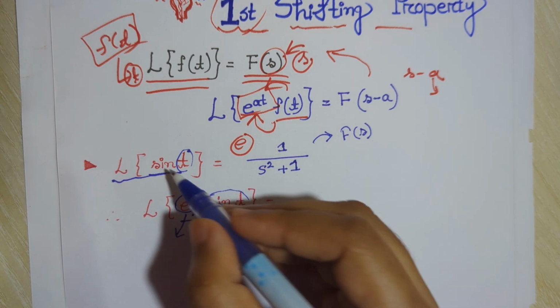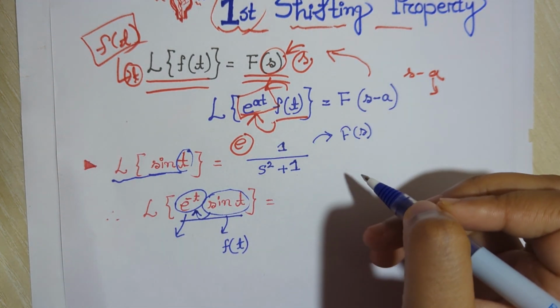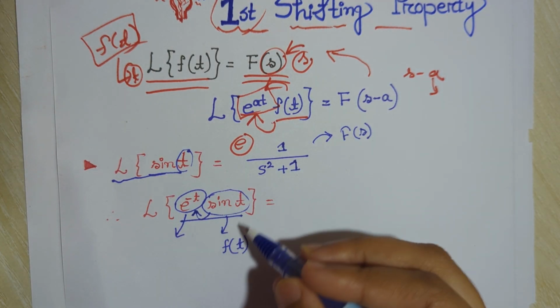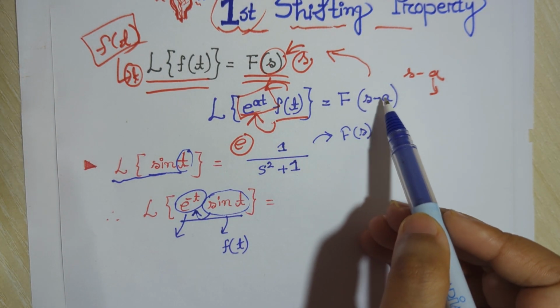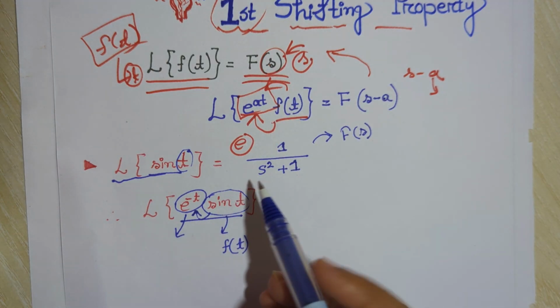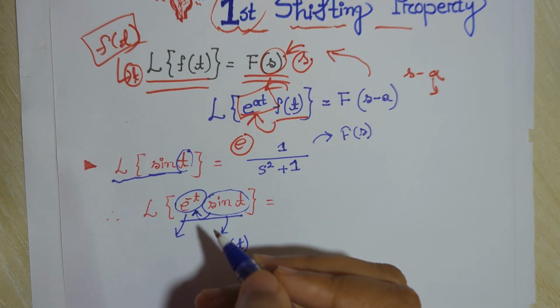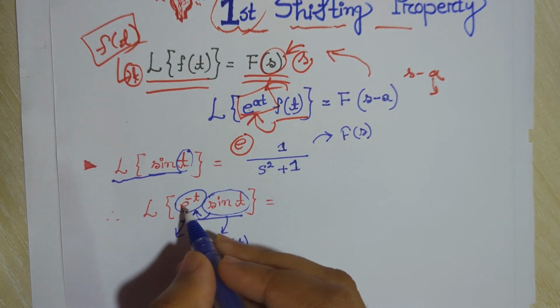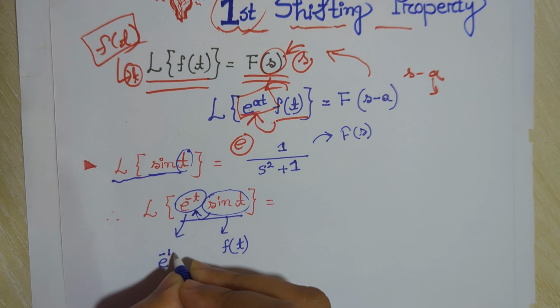This is the answer of the sin t function, and according to this formula the answer of this function will be the same, the only difference is we will use s minus a instead of s. Here a means the constant term which is multiplied with t. We use e to the power at, and here we have e to the power minus t, meaning e to the power minus 1 into t.